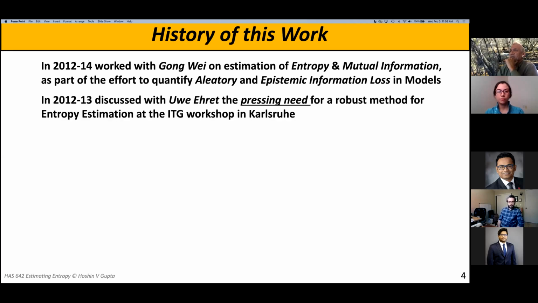Then about the same time, when we had our ITG workshops in Germany and Santander, I remember discussing clearly with Uwe and others, Stephen and others, that we need to come up with some robust method for entropy estimation and some kind of protocol for doing this so that we could compare results from one person to another.